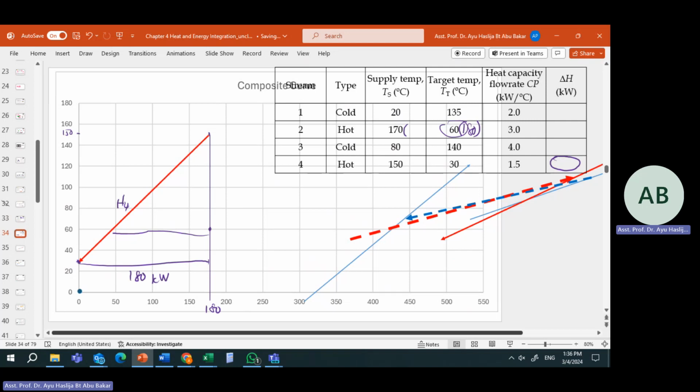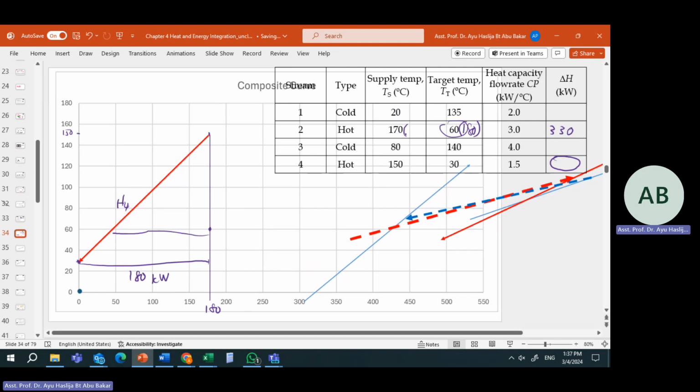So from 180 up to the last point must be 330 delta H. So what is the x-axis? 60 is here. 170.